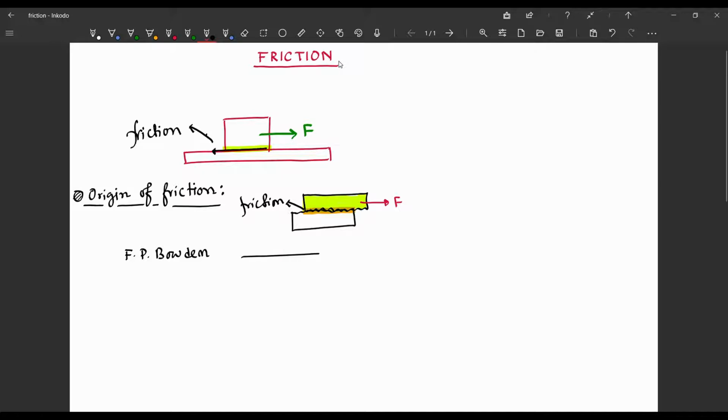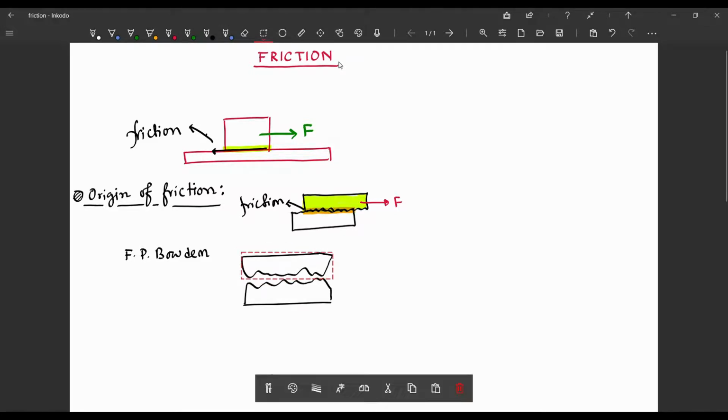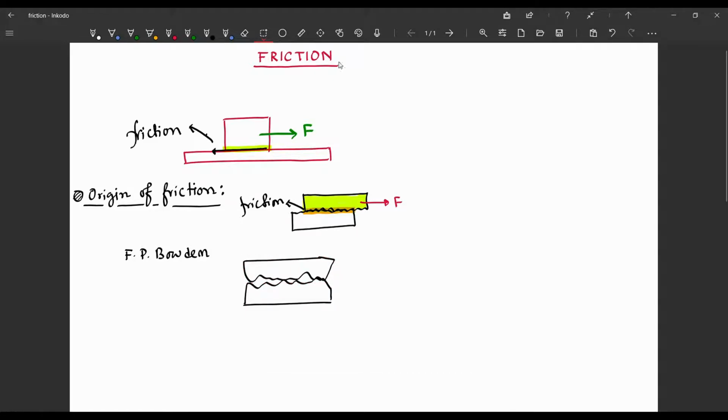If this body is placed over another body, and this is the microscopic view, then whenever this body is moved over this body, the contact points or the contact area is very less.